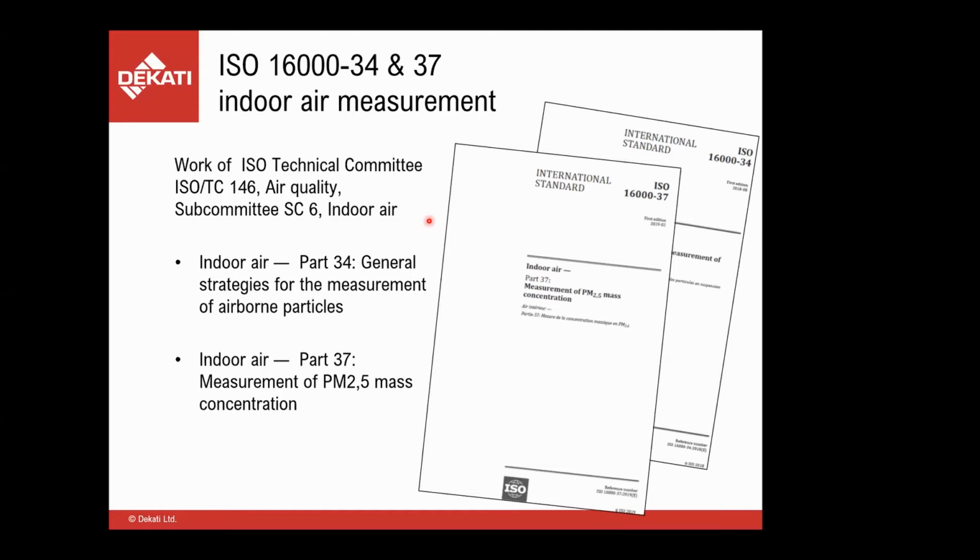And then part 37 is specifically the standard method to measure PM2.5 mass concentration from indoor environments, and how you can then use supplementary equipment to complement those reference PM2.5 mass measurements.